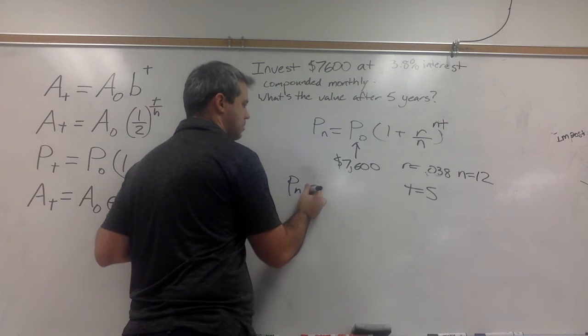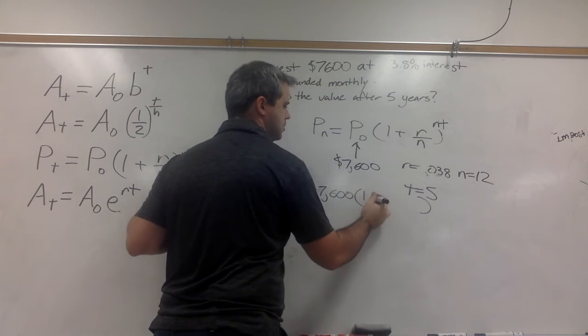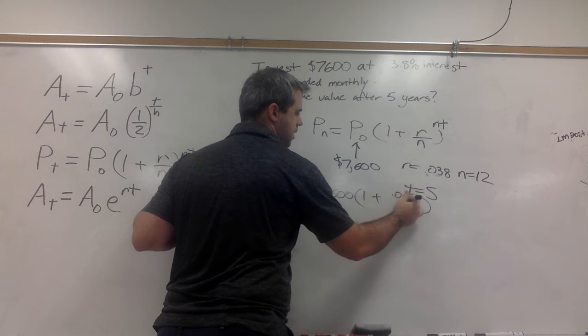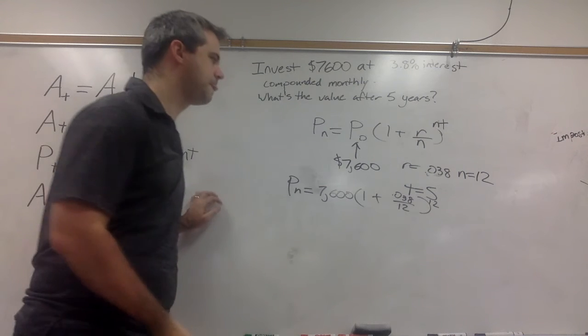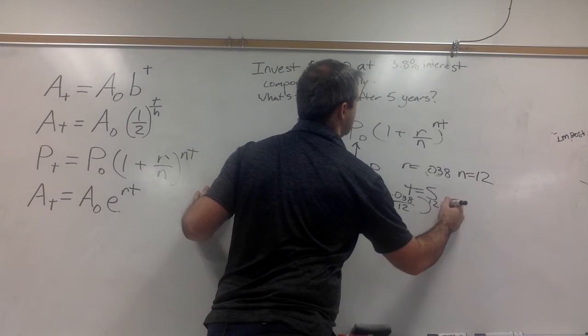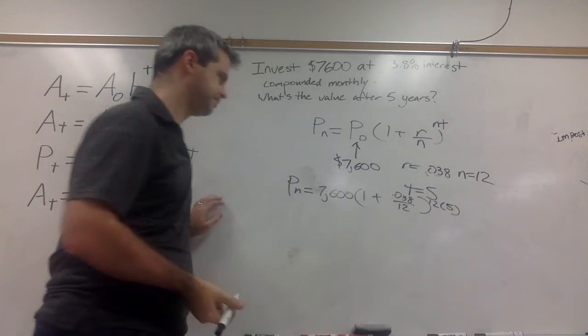So we plug all this in: our initial amount plus our interest rate compounded monthly over 5 years.